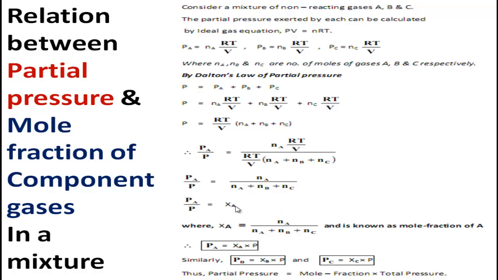This is the mole fraction of that component gas, and it is denoted by capital X. So XA, meaning the mole fraction of gas A, equals the mole of A divided by the total mole of all gases. So the partial pressure of gas A equals the mole fraction of A times the total pressure of that gas mixture. In this way, the mole fraction of component gases and partial pressure are closely related.